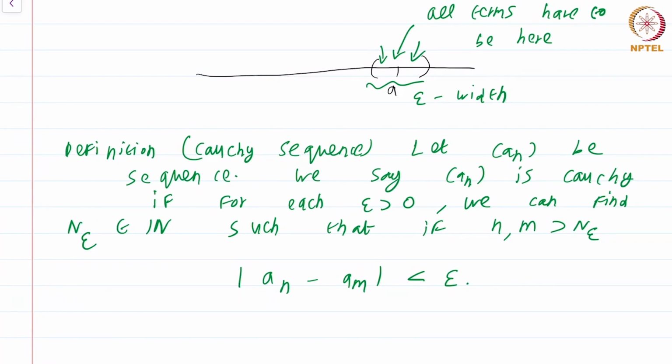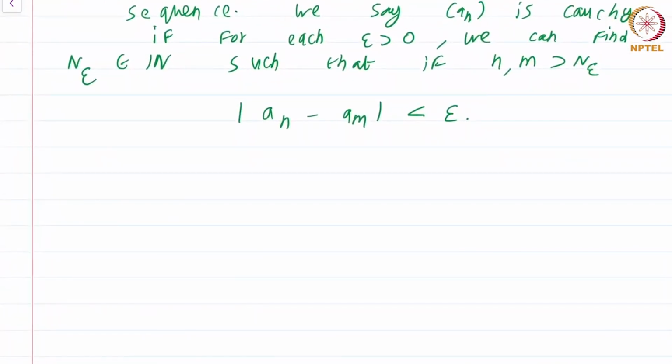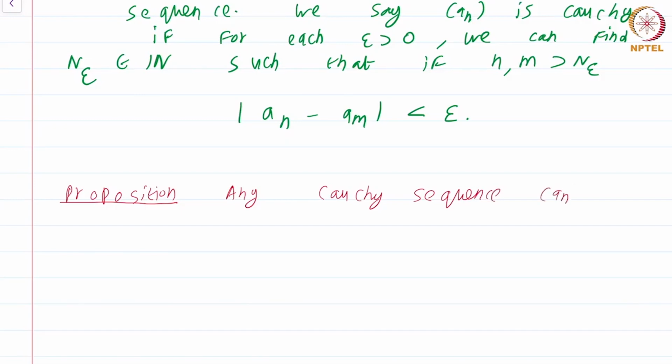Okay. Now we'll immediately prove a very simple proposition. This should be reminiscent of a similar property that we had established for convergent sequences. Any Cauchy sequence a_n is bounded.